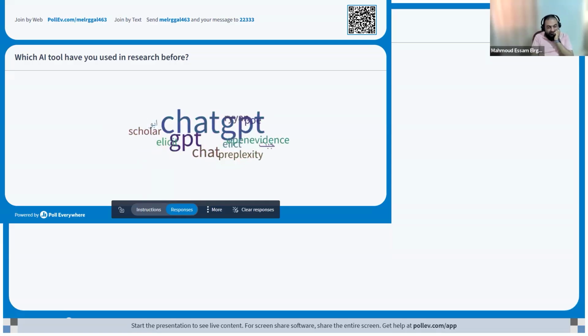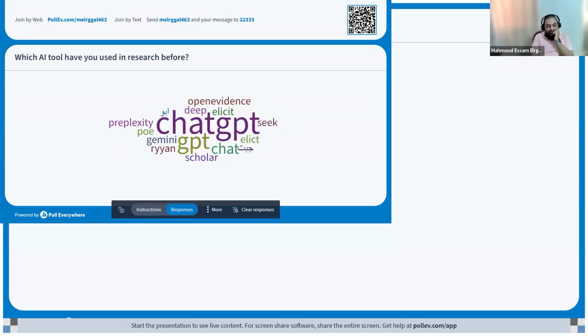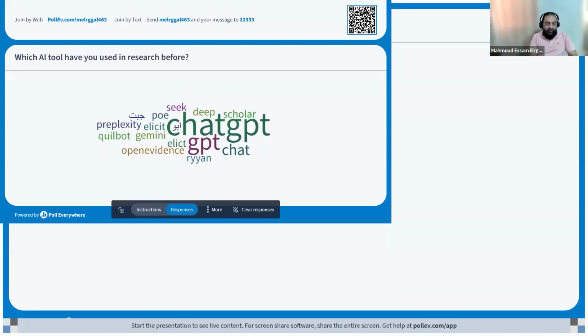That's good. Gemini, DeepSeek, good. And if next year we did the same session, you will find completely different tools than the tools that are written here in front of you. Quillbot, okay, that's good, because almost every month or every 2 months we have a new tool.